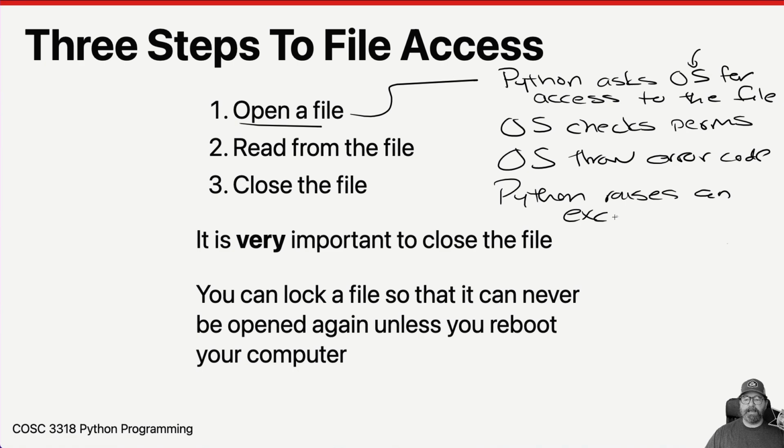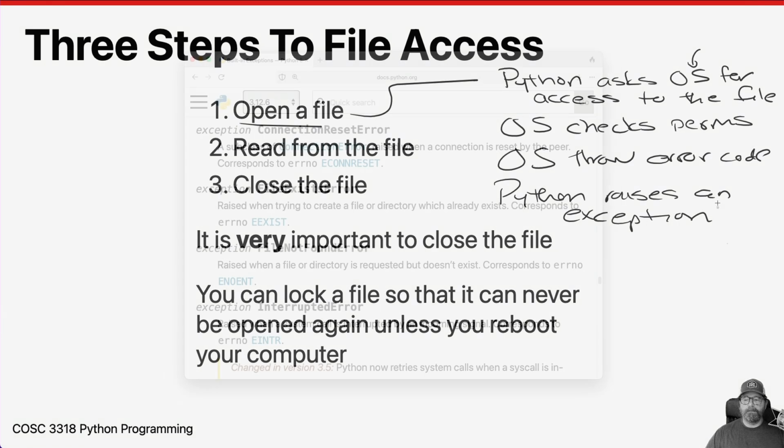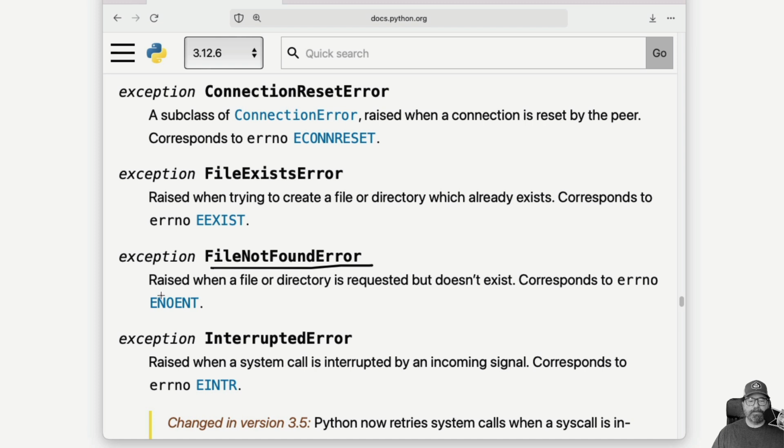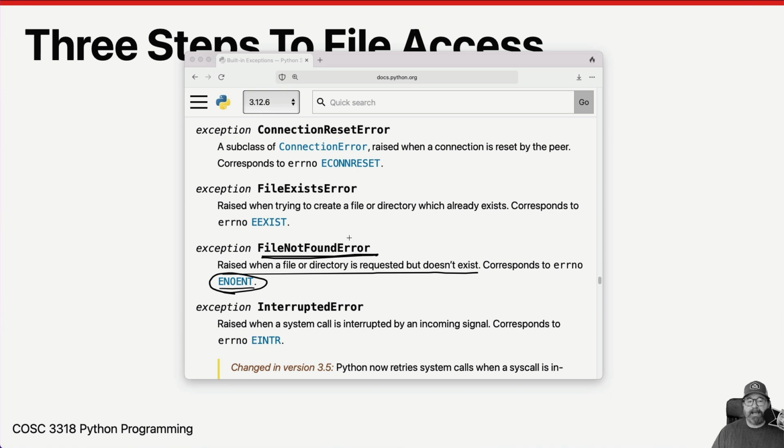Can you guess what kind of exception it would raise? If you guessed something like FileNotFoundError, which is raised when a file or directory is requested but doesn't exist, that's it right there. The operating system gives this error, ENOENT. That's just the name of the error that the operating system gives. And so Python creates a FileNotFoundError and raises that.